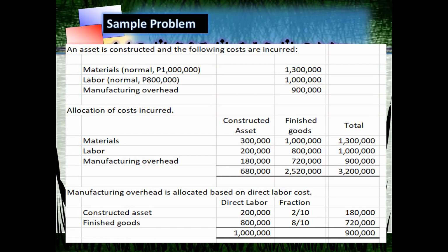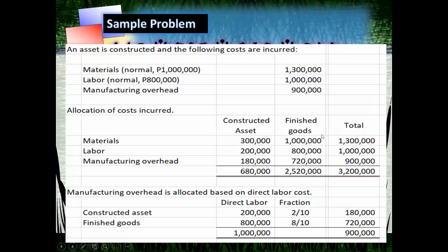Out of those balances, you formulate a fraction so that 2/10 times 900,000 gives you 180,000. Based on the direct labor cost, only 180,000 of the manufacturing overhead is attributable to the newly constructed asset.